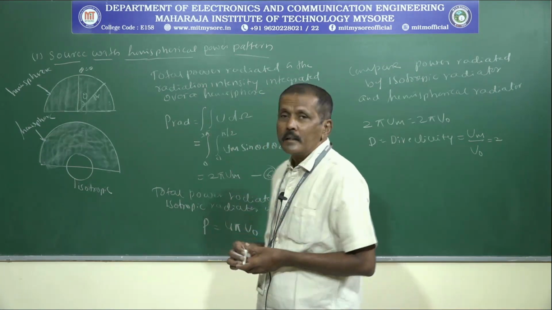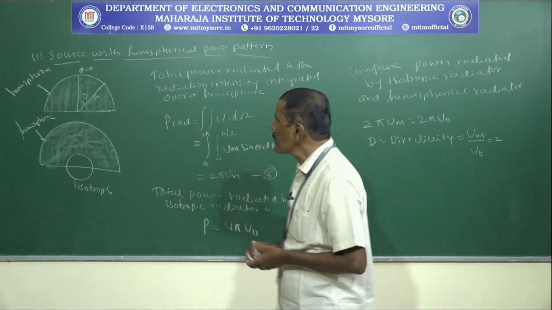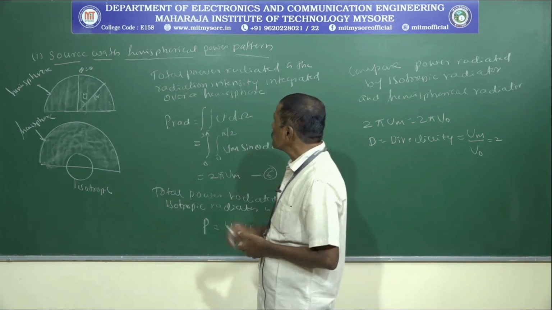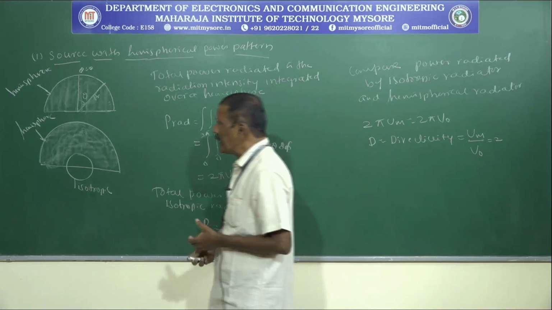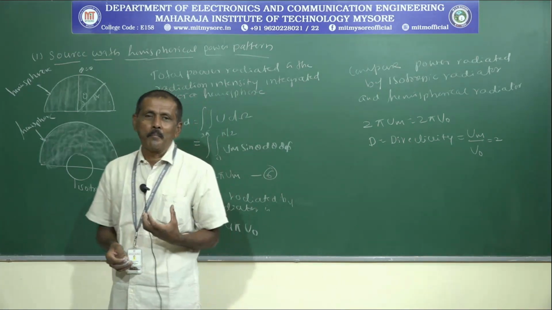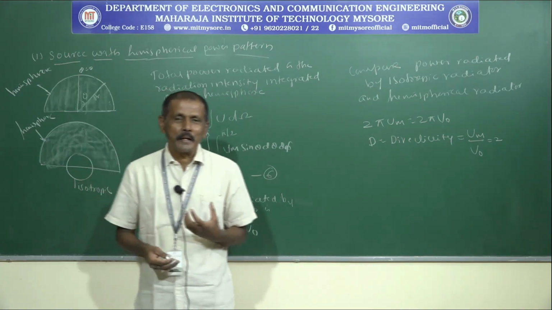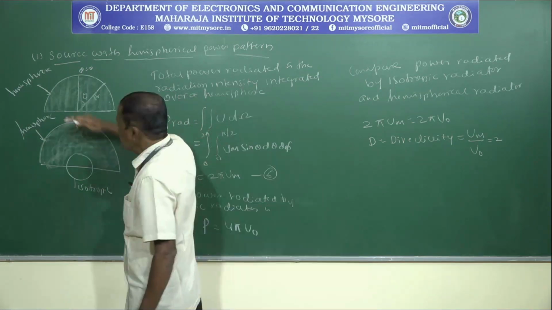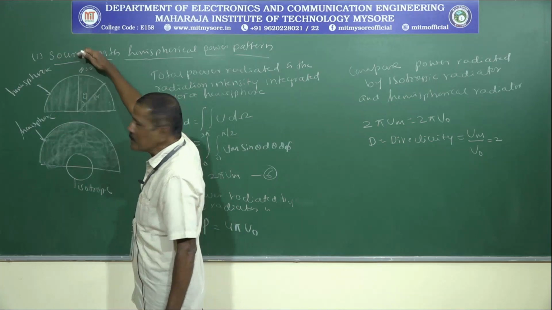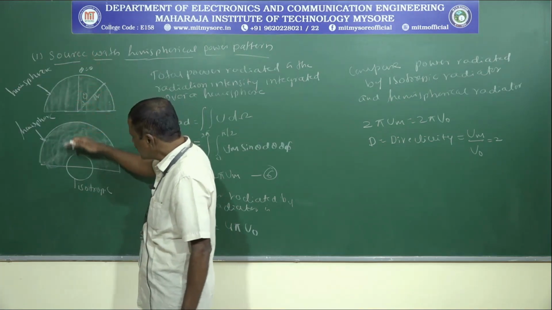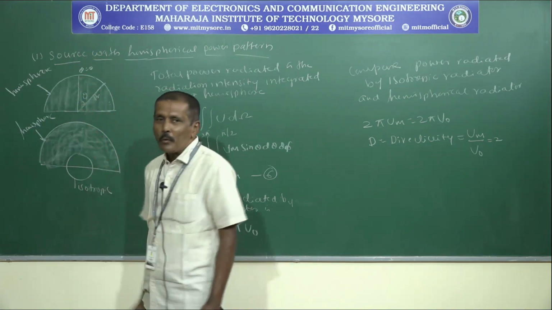Let us consider the different cases. The first case is a source with a hemispherical power pattern. It means that we have an antenna whose power pattern is hemispherical. So this antenna radiates only in this particular direction and doesn't radiate in the lower directions.